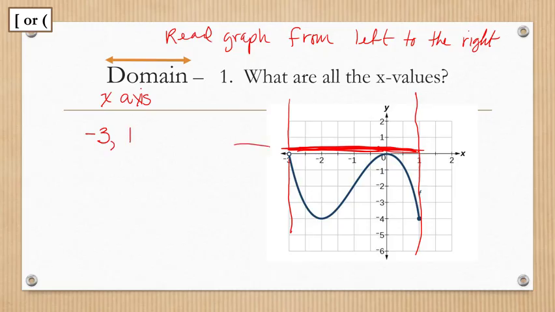Remember, an open dot gets a parenthesis, so we're going to put a parenthesis at -3 because there's an open dot there. At 1, we have a closed dot. Remember, if you have a closed dot, you're going to be using a bracket. This is interval notation.